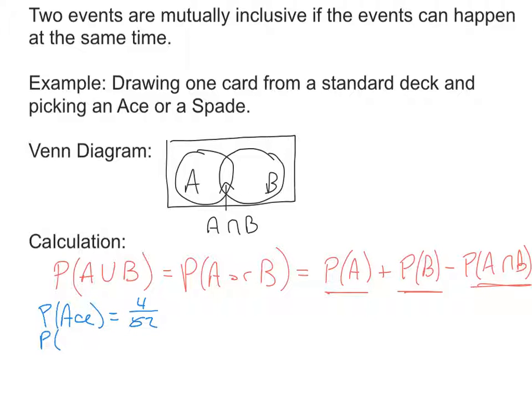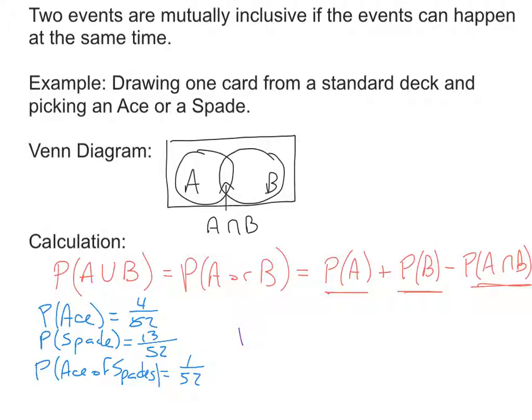The probability that I draw a spade, there are 13 of those out of 52. And the probability that I draw the ace of spades, well, there's 1 of those out of 52.